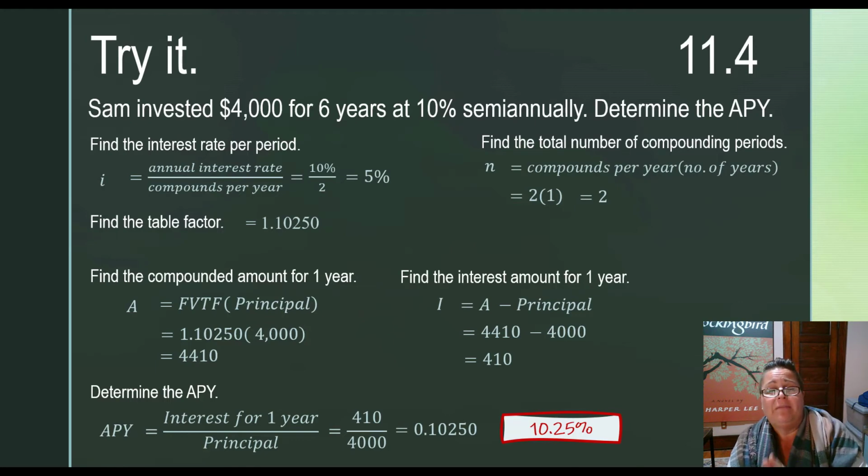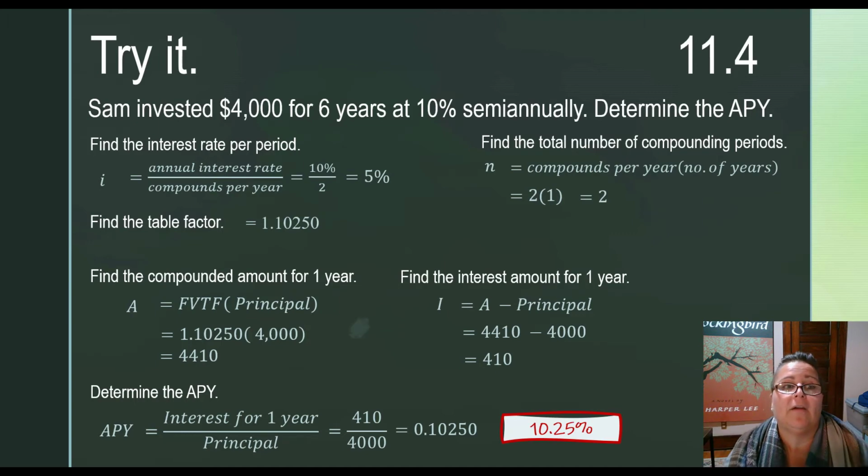Notice that the APY, 10.25%, is higher than the stated nominal. I was trying to say nominal and annual and yearly all at the same time because they mean the same. That 10.25% is higher than the stated interest rate of 10%. That's what APY is supposed to be. You're supposed to get a percentage that's higher than the stated percentage in the problem.